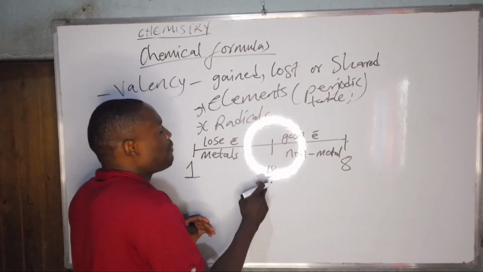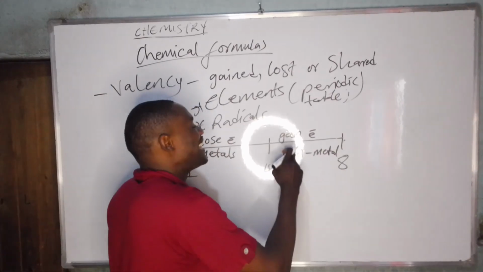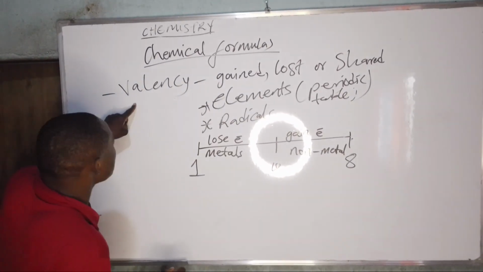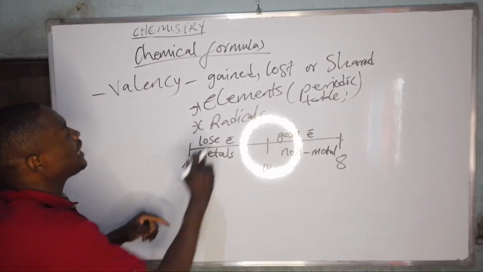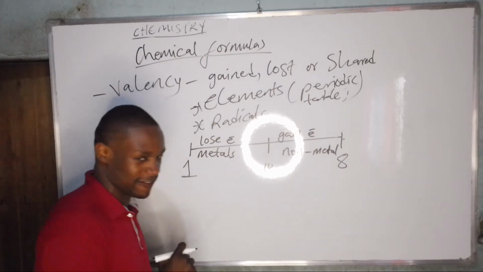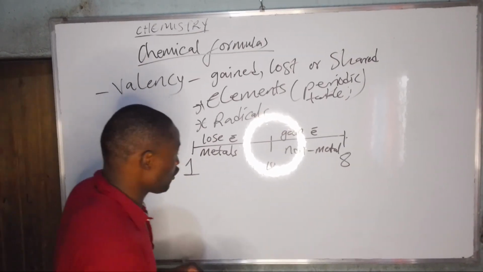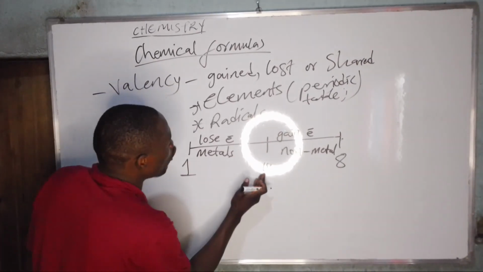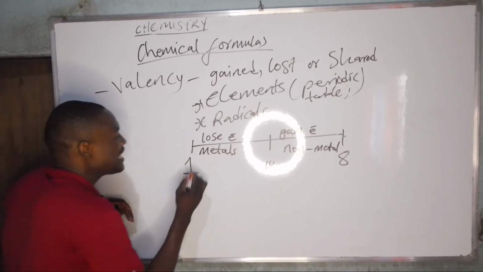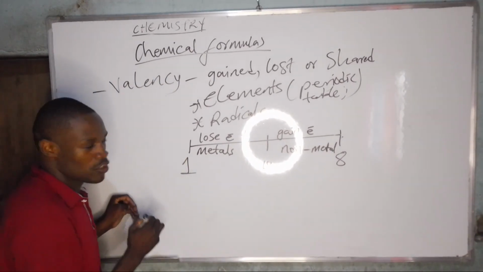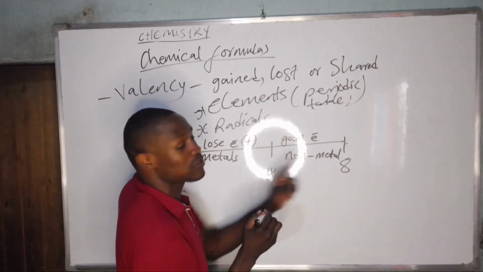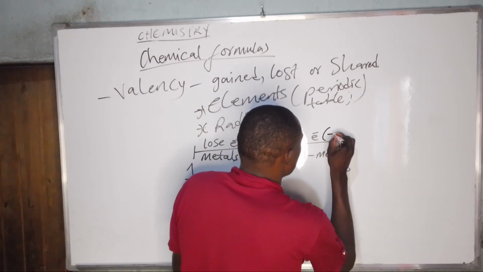For those which are above 4, up to 7, they gain electrons. Remember, we said a valence is the number of electrons which can be gained, lost, or shared during the chemical reaction. In this case, take note that those which are below group 4, always when they lose these electrons, they become positive. Then these which are above 4 up to 7, they become negative.